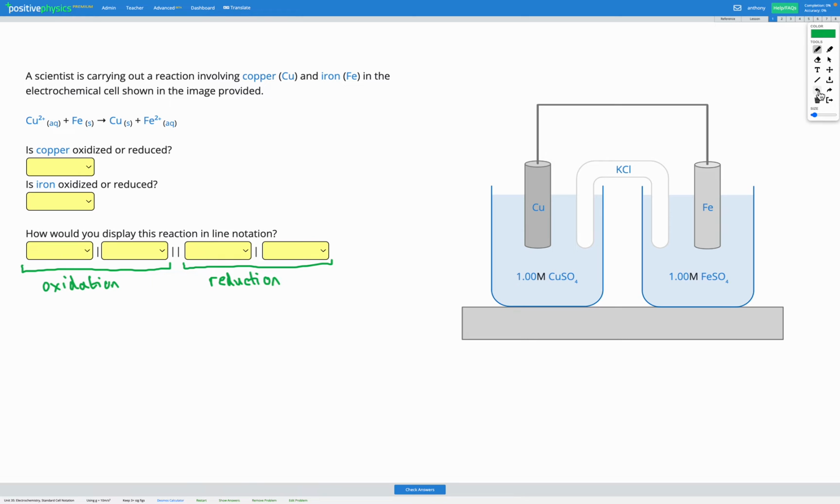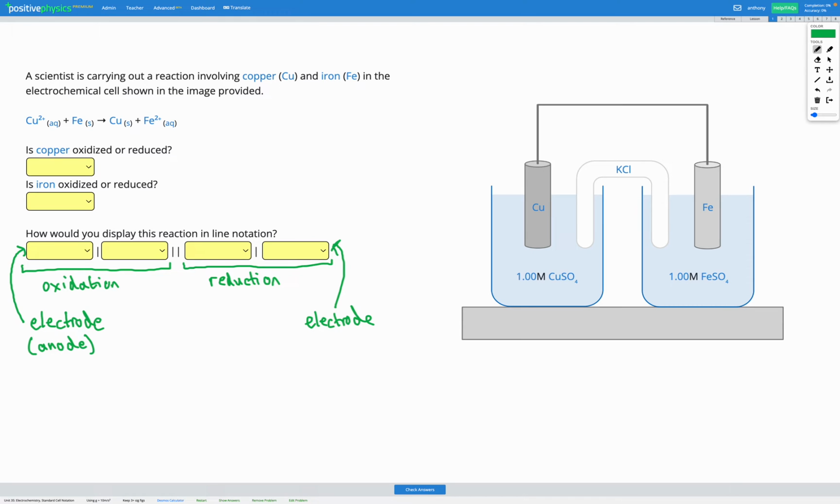We always write the electrodes on the outside. So this is always going to be an electrode, and this is always going to be an electrode. Since the left-hand side is the oxidation reaction, this is going to be the anode specifically.